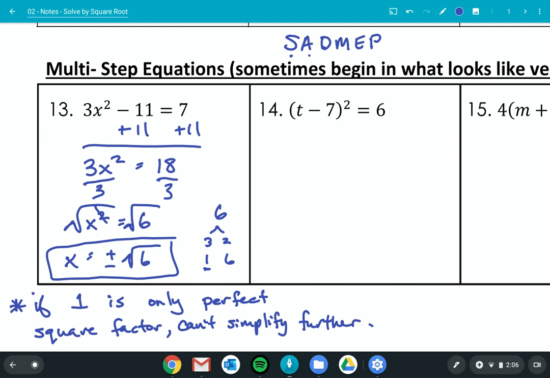Just like fractions, like 3 over 2, we can't really simplify a fraction of 3 over 2 anymore because 3 and 2 don't have common factors. Same thing with the square root, or really anything that we're factoring.